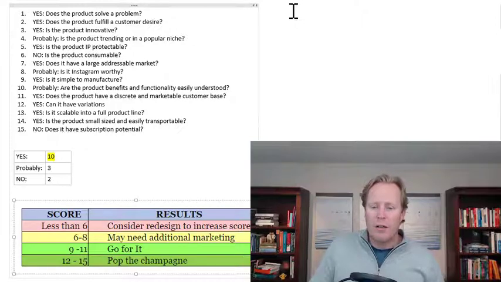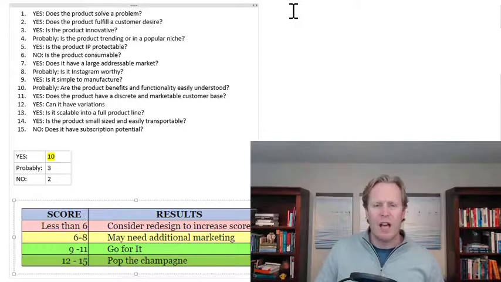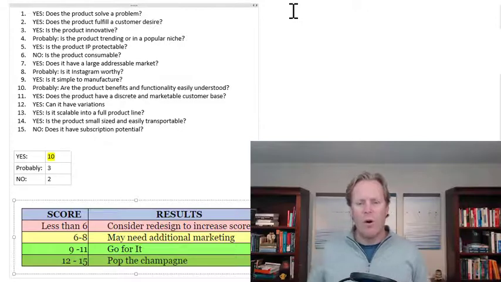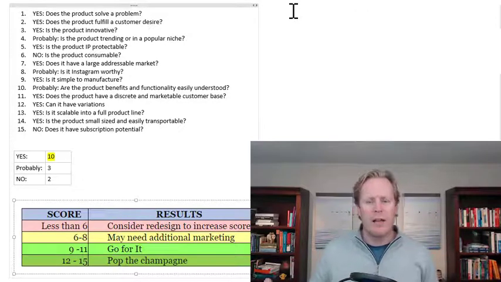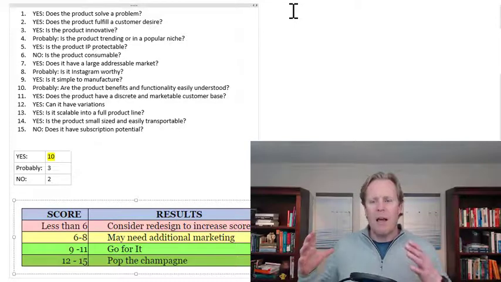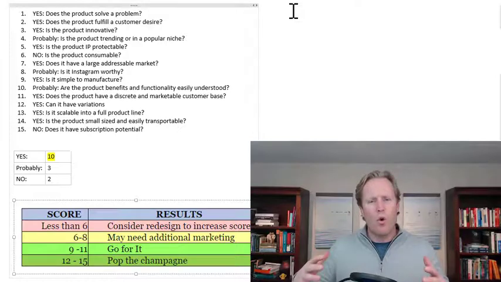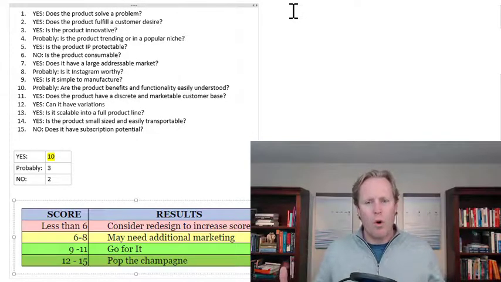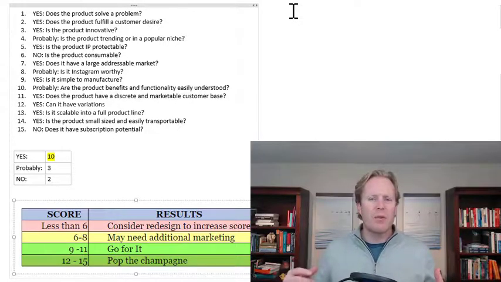Does the product fulfill a customer desire? And this is different from does it provide a solution? Like the customer desire is more about, is there something the customer wants? Like my solution is to store your gear in a much more organized, accessible way. That's sort of the customer desire, but I think the customer desire is much more than that.